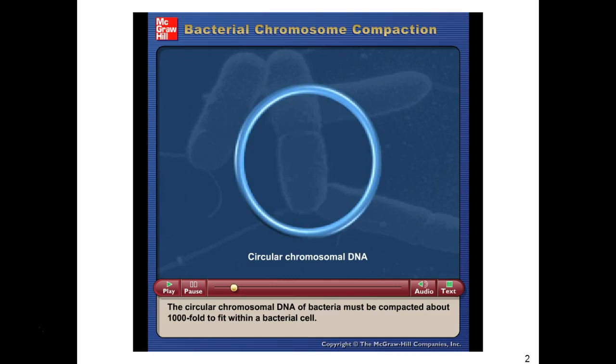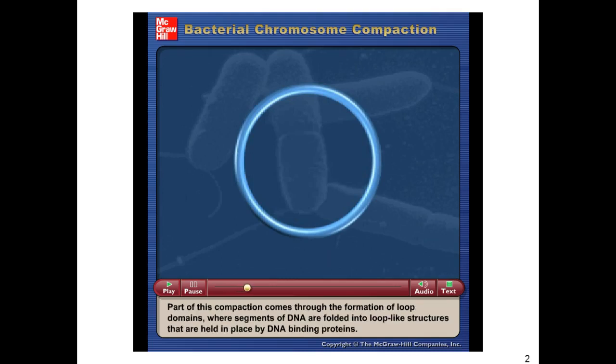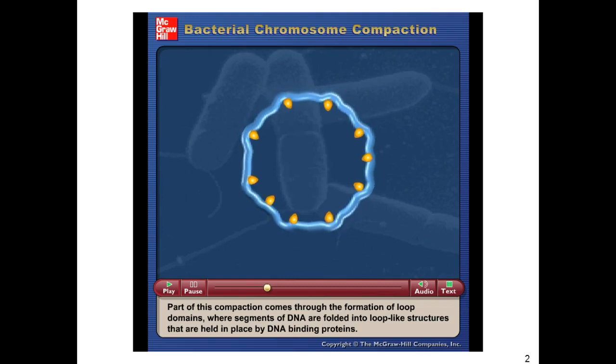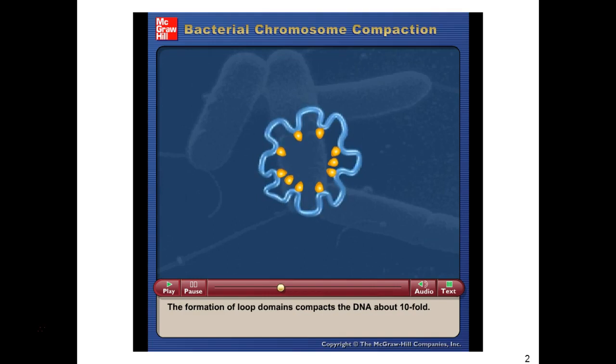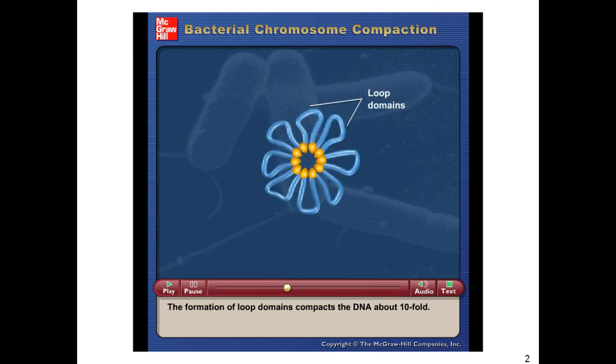About 1,000-fold to fit within a bacterial cell. Part of this compaction comes through the formation of loop domains, where segments of DNA are folded into loop-like structures that are held in place by DNA-binding proteins. The formation of loop domains compacts the DNA about 10-fold. Further compaction is accomplished through a process known as supercoiling.